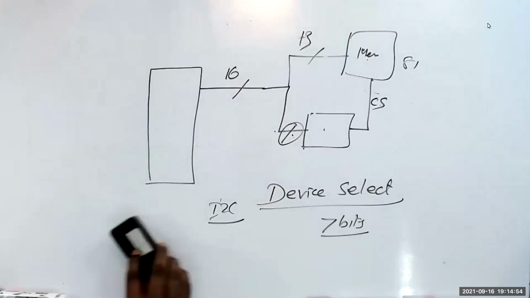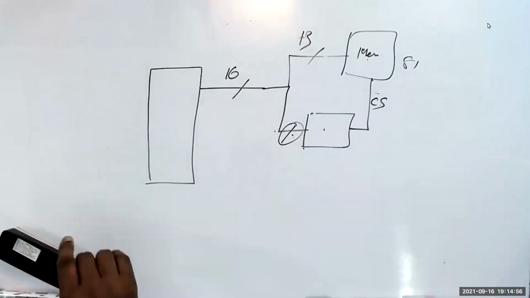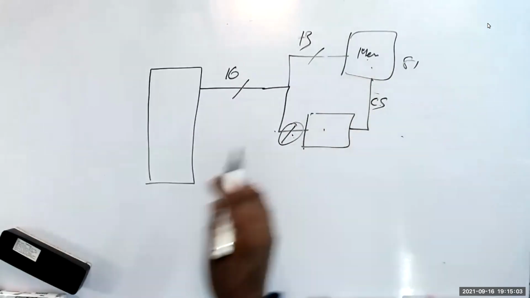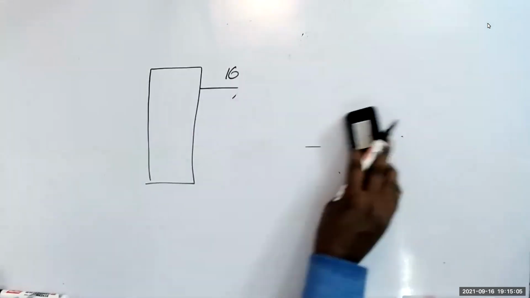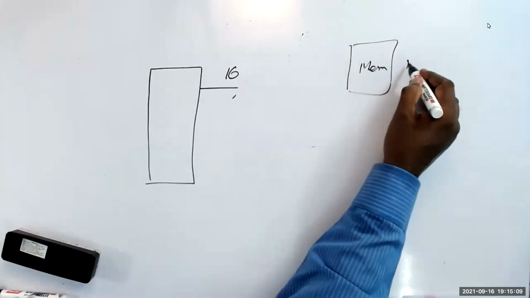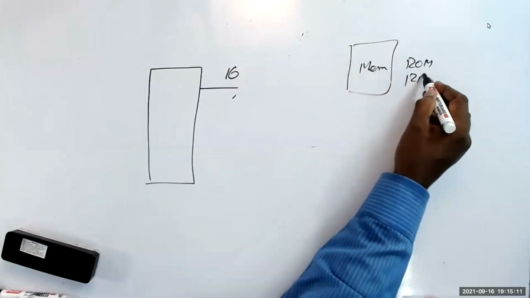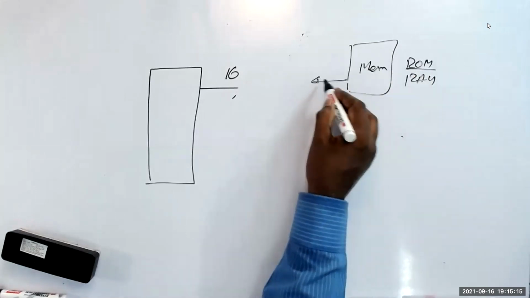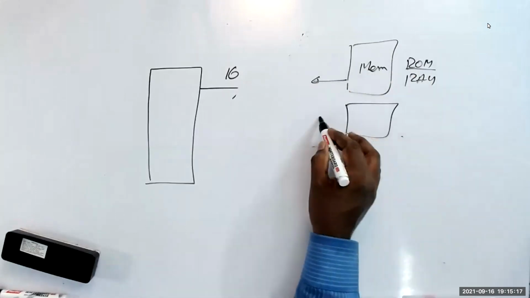Now, the trick is, we have two things: memory or controllers. In our microprocessor, we have either memory, ROM or RAM. In the case of ROM, I only read. In the case of RAM, I write and read.